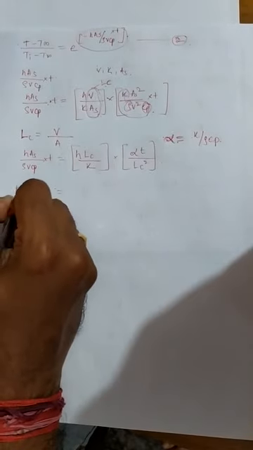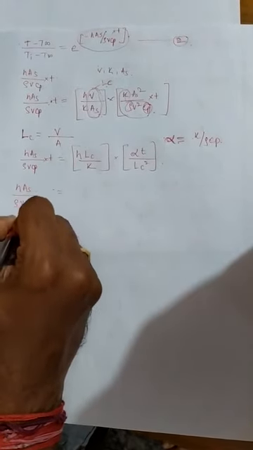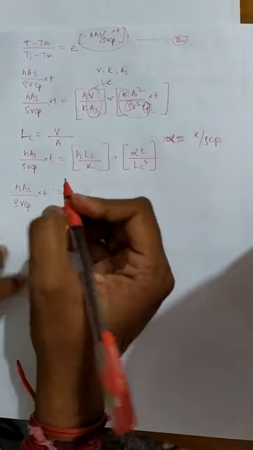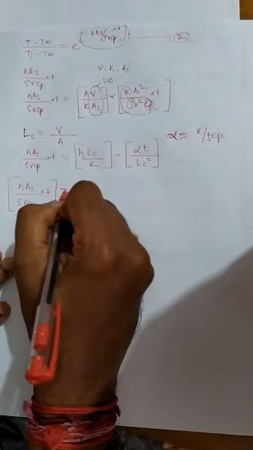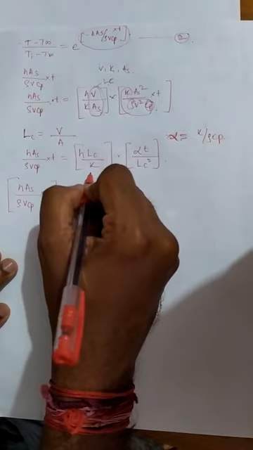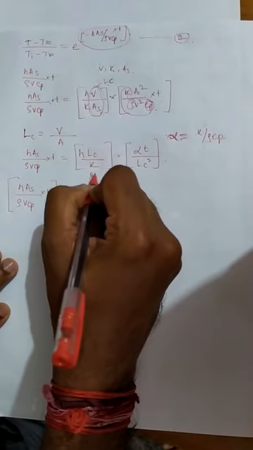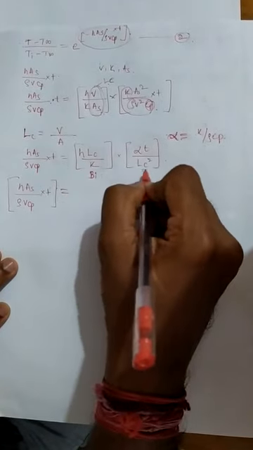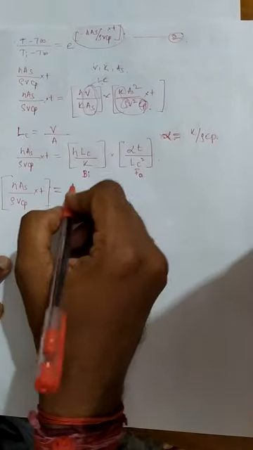So h As divided by rho V Cp into t is equal to the Biot number times the Fourier number.